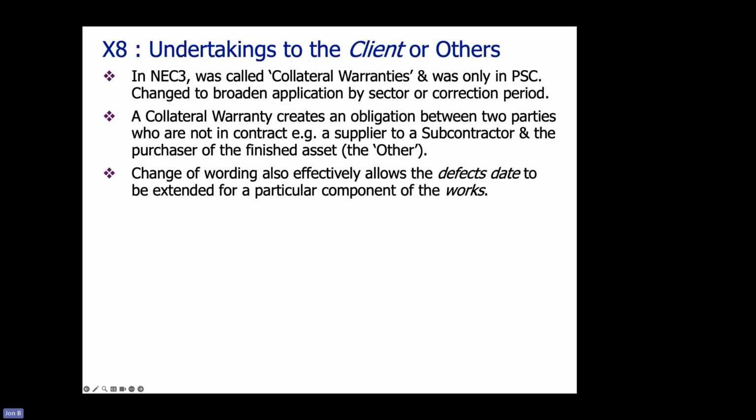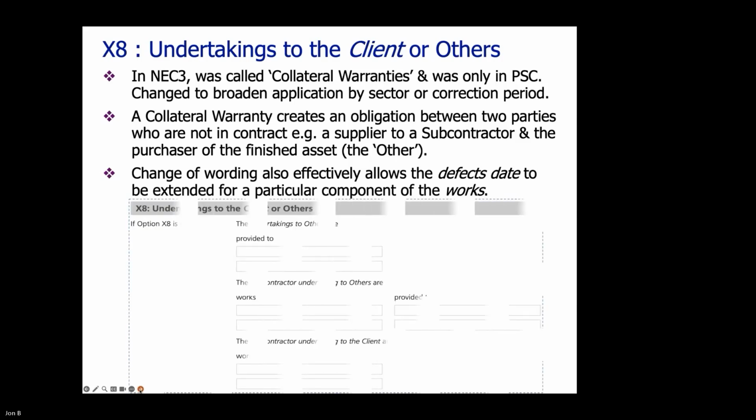As I said, it also effectively allows the defect date to be extended for a particular component of the works, so more than that year or 2 years. And so here it is, the entries. I think it's actually missing. So the undertakings to the others would be perhaps the end user, in my example, the person who the building was sold to, and that would be by the contractor, presumably.